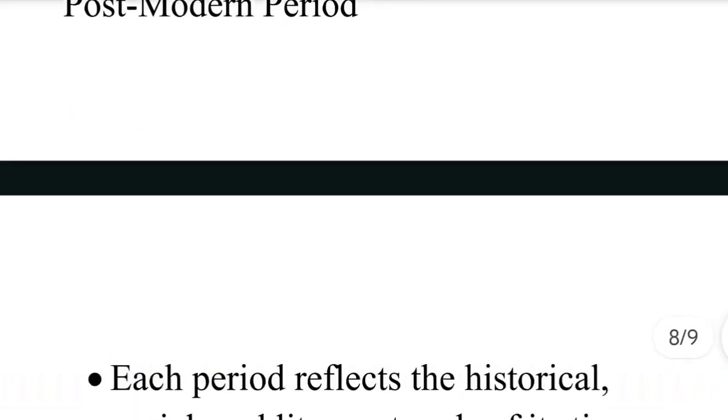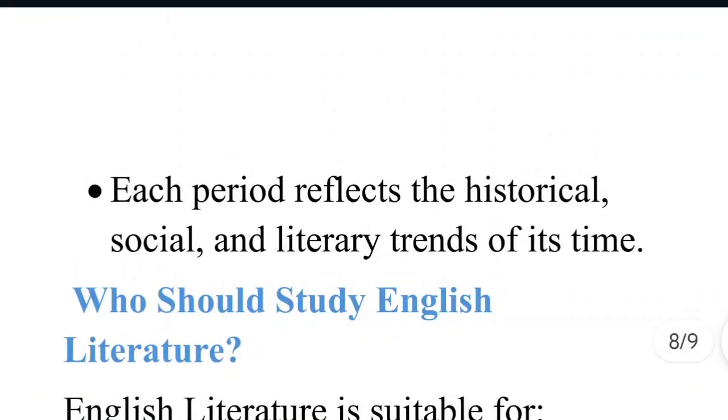As we move further, each period reflects the historical, social, and literary trends of its time.